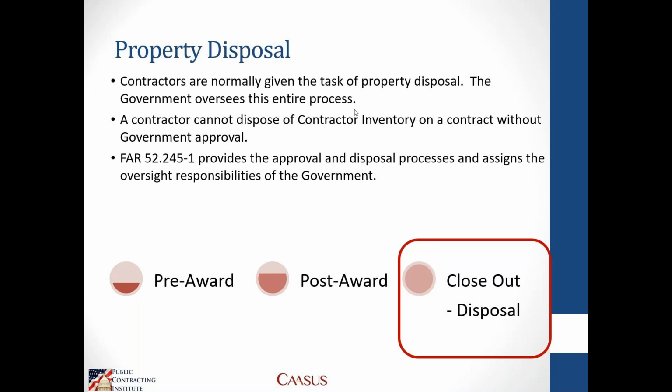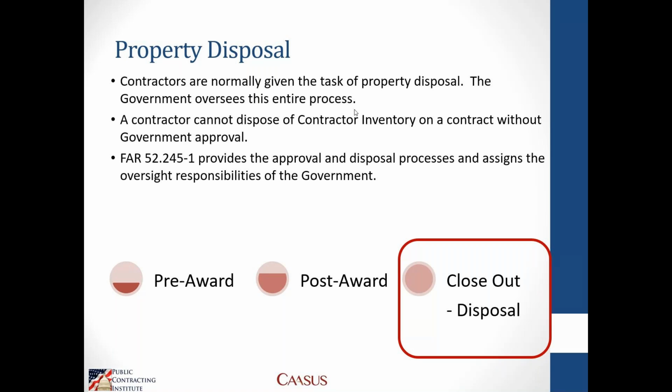of the property. It's also the contractor's responsibility to report the property at the end of the contract. So after the contract is physically complete, the contractor has a requirement to disclose to the government any property that's remaining on the contract and provide any recommended reutilization methods that they might be aware of.